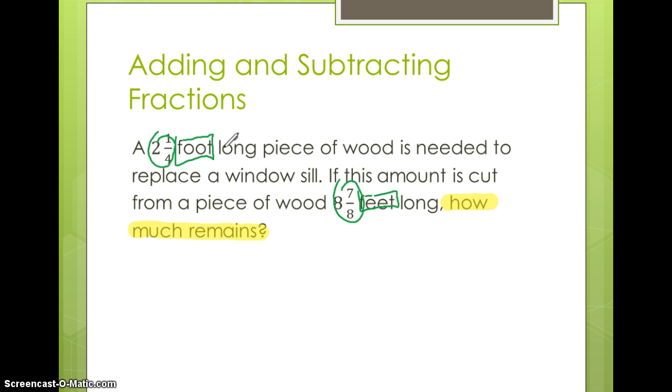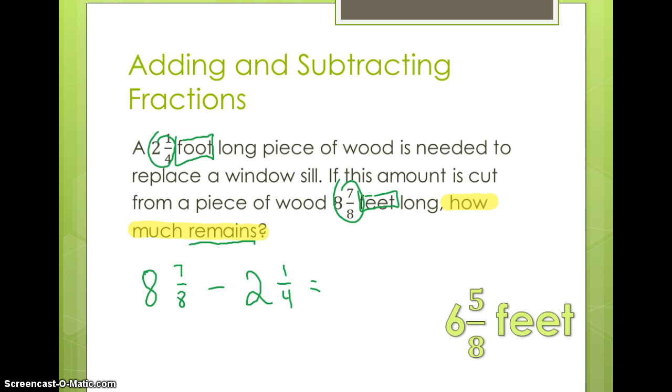As you can see, our labels are the same, and how much remains tells us that we're going to be subtracting. So hopefully you did 8 7/8 minus 2 1/4, and you got the answer of 6 5/8 feet.